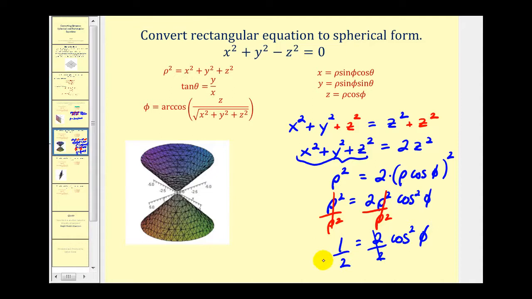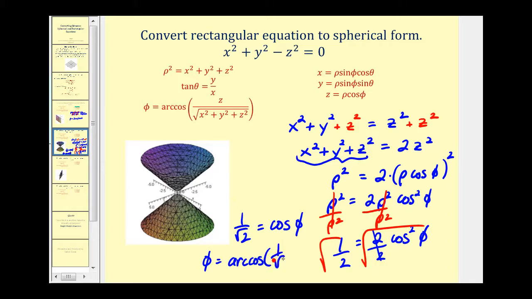Now let's go ahead and take the square root of both sides. So the square root of 1/2 would be the same as the square root of 1, which would be 1, over the square root of 2, must equal the square root of cosine squared phi, which would be cosine phi. So phi would be equal to arc cosine of 1 over the square root of 2.